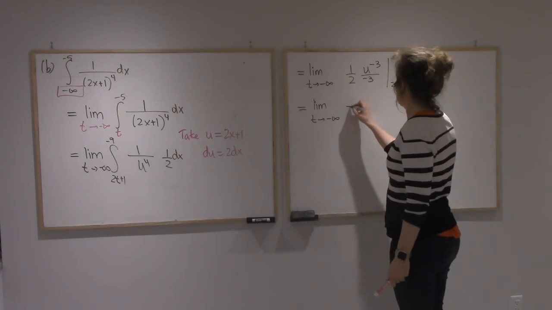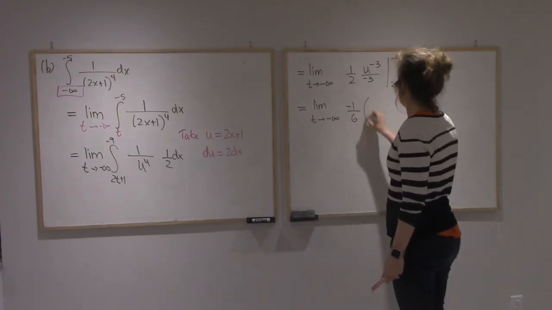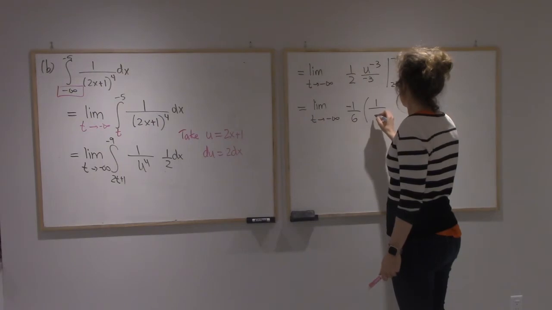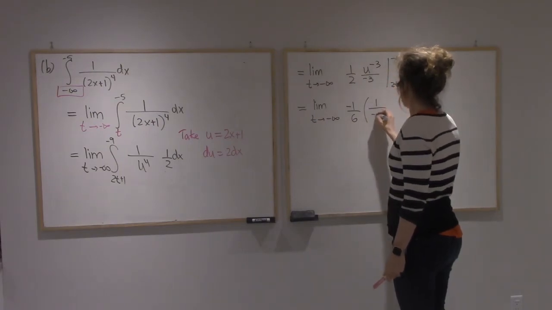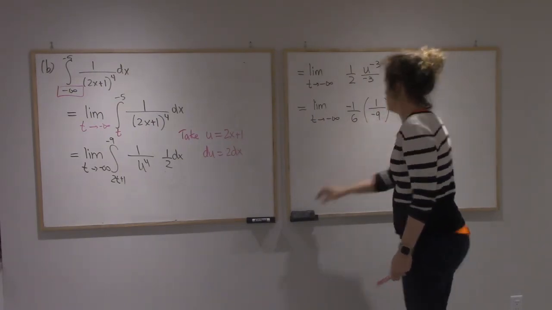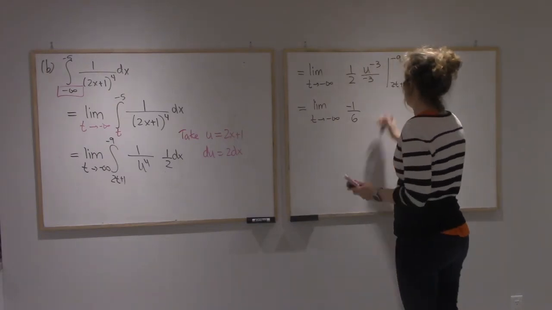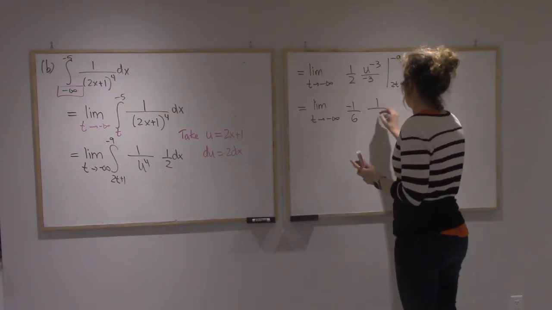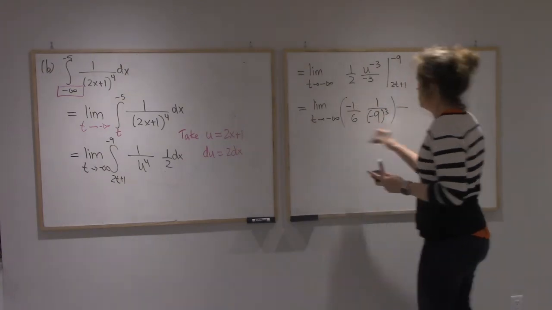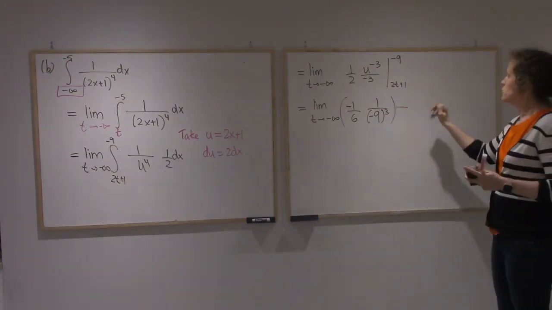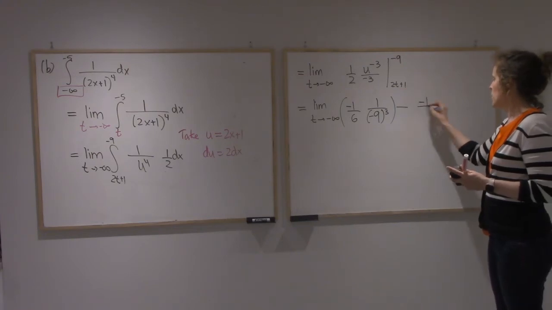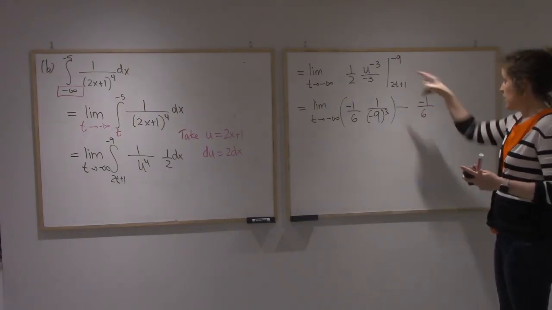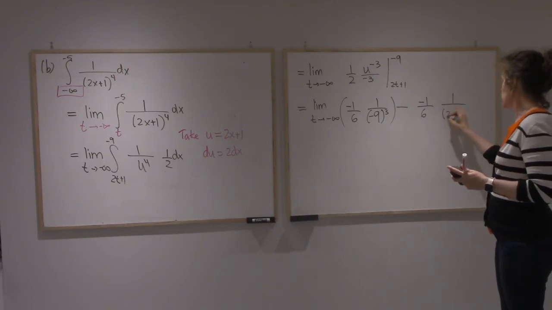I'm going to get minus 1/6, 1 over this one first, so minus 9 cubed. And then I'm going to plug in 2t plus 1. I'm going to get minus 1 over 6 times 1 over 2t plus 1 cubed.